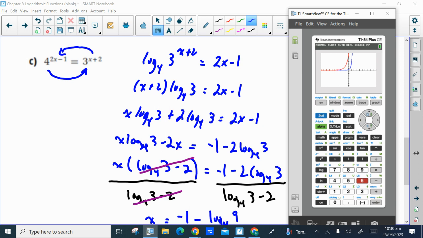If we find our point of intersection, second function trace, number 5 for intersect, enter, enter, enter. There we get 2.14. Even though you can't see it on the screen, you can see the y value is 94.5. Because the x windows do contain the solution, the calculator will do it.